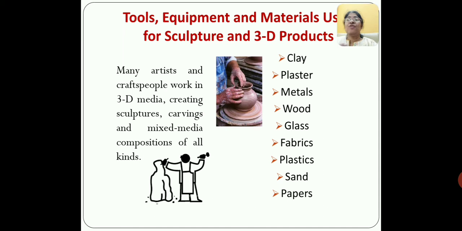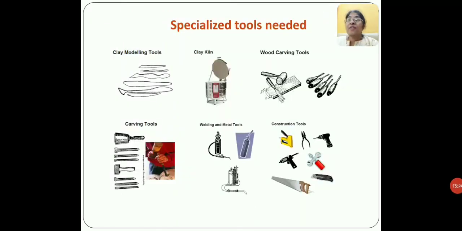Different types of papers are used, and even stone can be added with this, because sculpturing is done with stone. You have several specialized tools which are used for clay modeling, wood carving, welding, and construction tools. All these tools are also used for painting, clay modeling, sculpturing, etc.